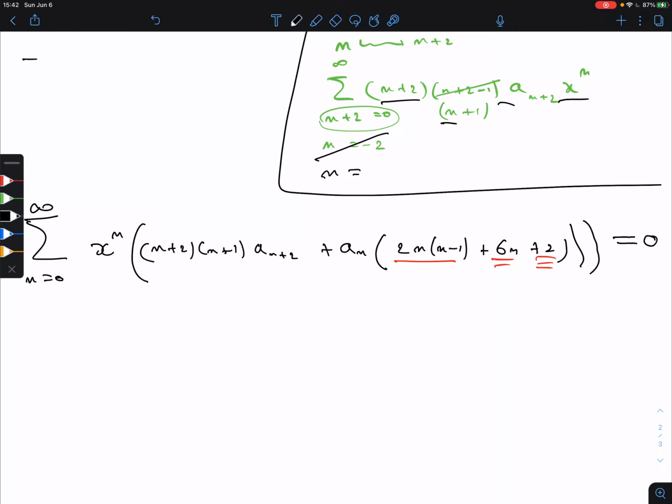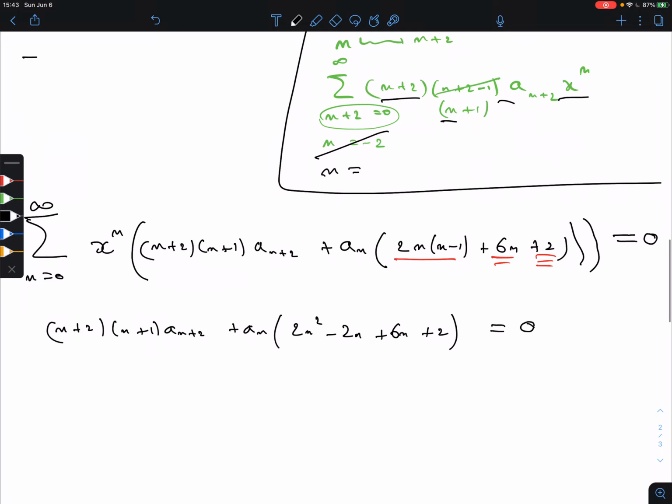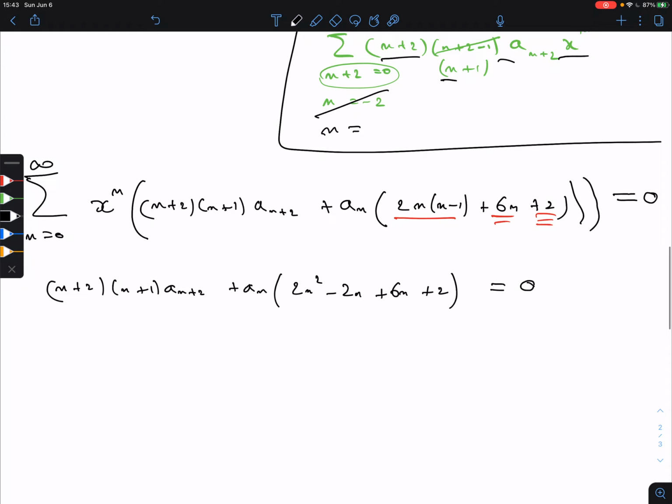So for all n's, we get n plus 2 times n plus 1 a n plus 2 plus a n times what is in the middle. Expand this: 2n squared minus 2n plus 6n plus 2, and that has to be equal to 0. Notice there are two coefficients, the a n plus 2 and the a n.